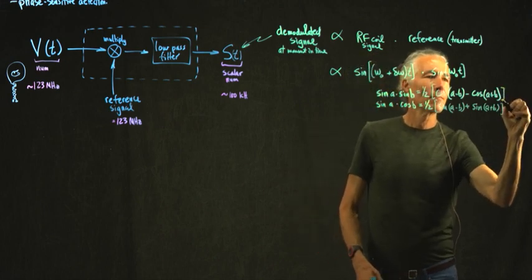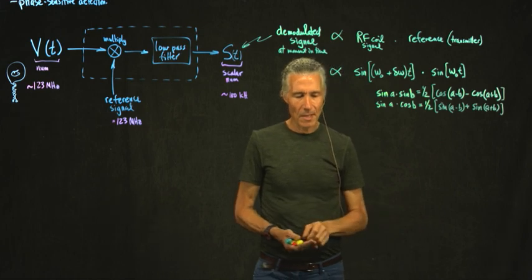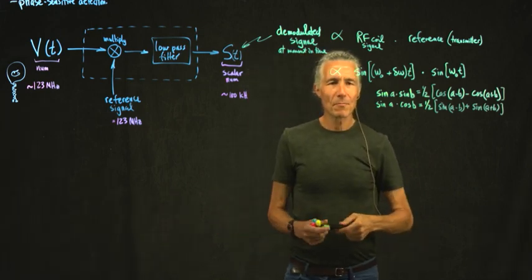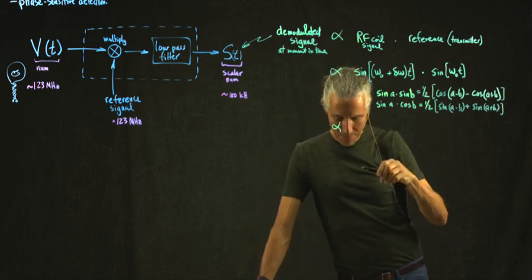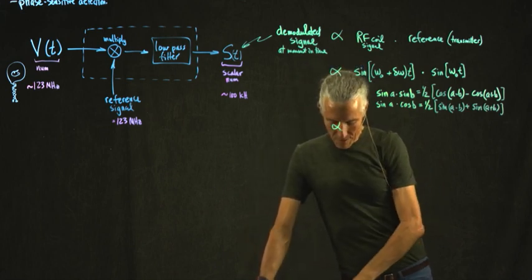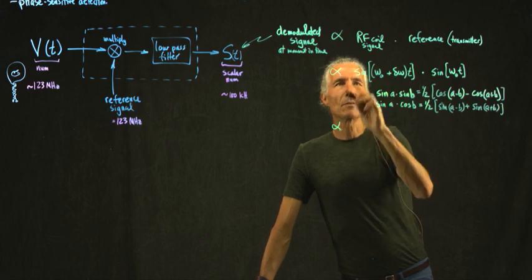So if we use those, then we can rewrite this, depending on whether we've got a sine or a cosine. I'll just assume we've got a sine.